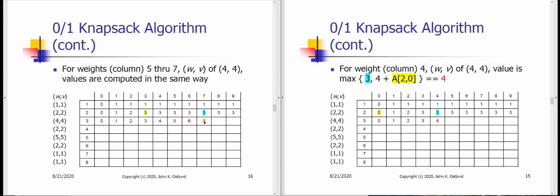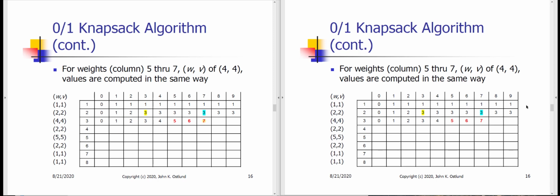So the maximum of those is going to be 7. Well, at this point, we have used up all 3 of the first 3 values. 1 plus 2 plus 4 is a 7, and consequently, we're not going to be able to do better than 7 for these last 2 remaining weights of 8 and 9. And so those also just get filled in with 7s.